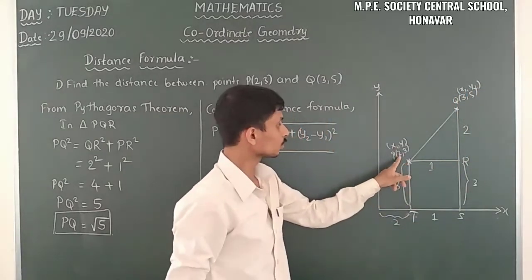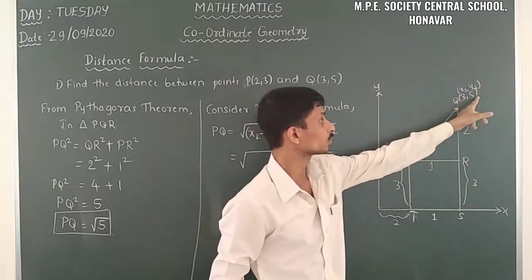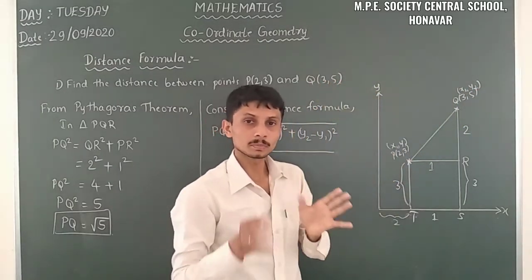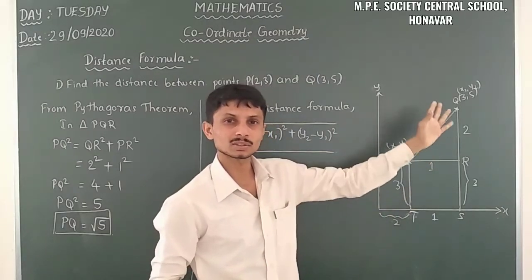Then x1 is equal to 2, y1 is equal to 3. x2 is equal to 3 and y2 is equal to 5. So be careful about inserting all the values of x1, y1, x2, y2.